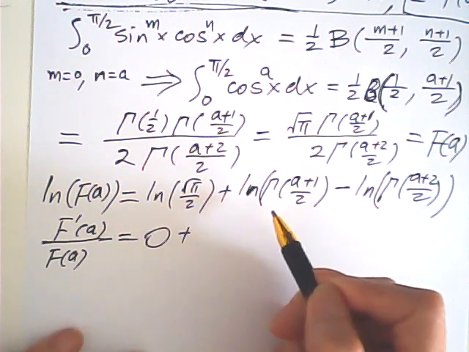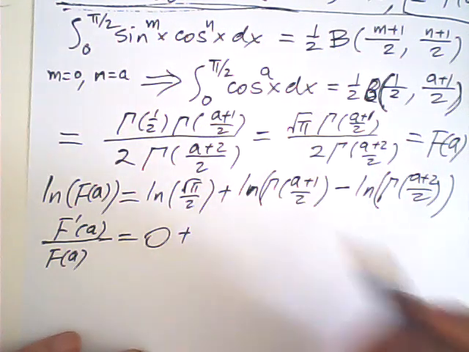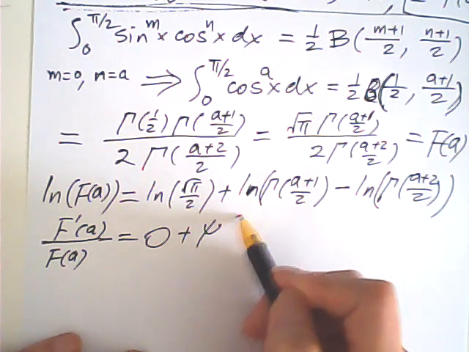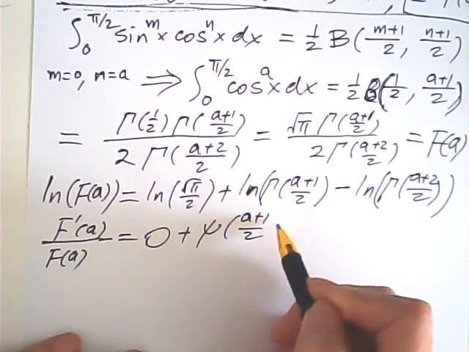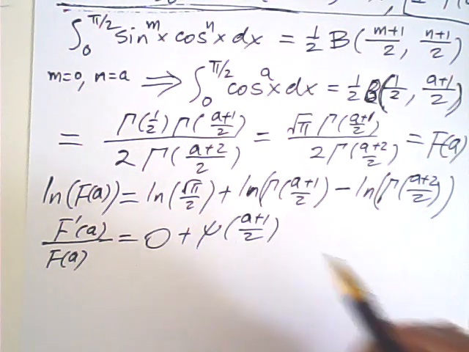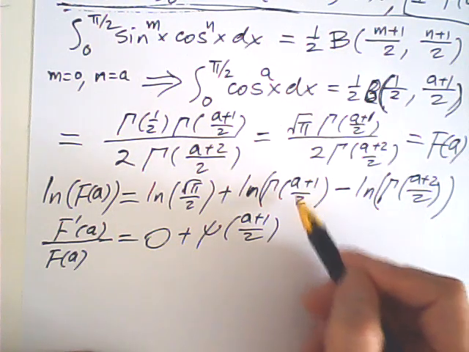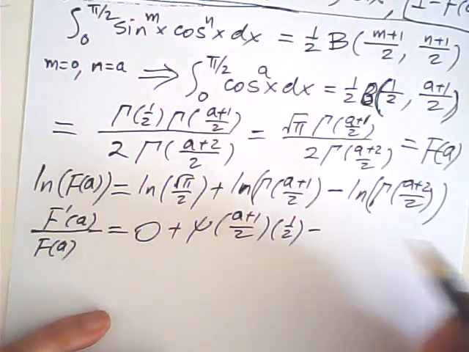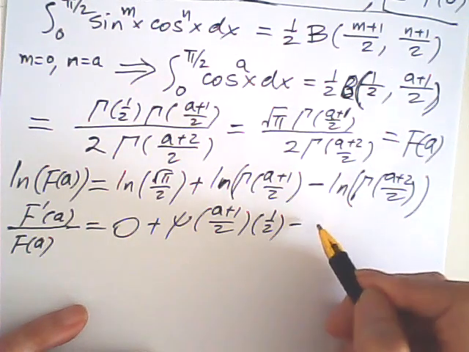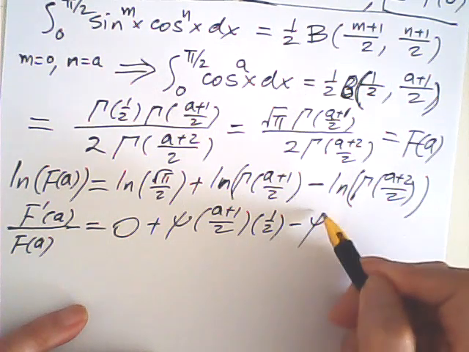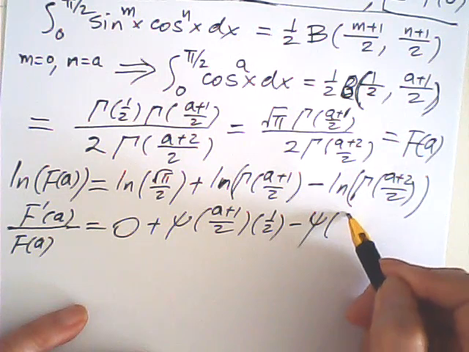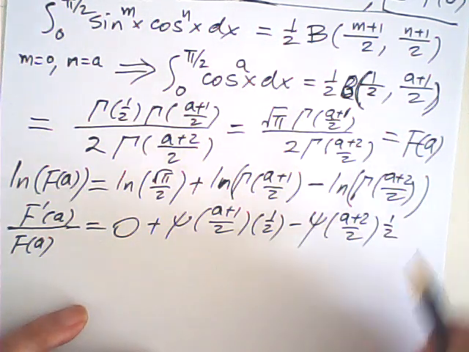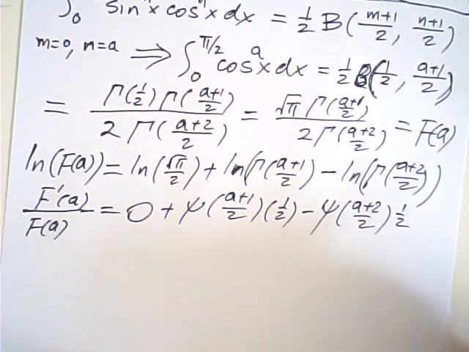And this derivative is equal to digamma of a plus 1 over 2, using the chain rule times 1/2, minus this one, taking a derivative, becomes digamma of a plus 2 over 2, then the chain rule times 1/2. Very good.